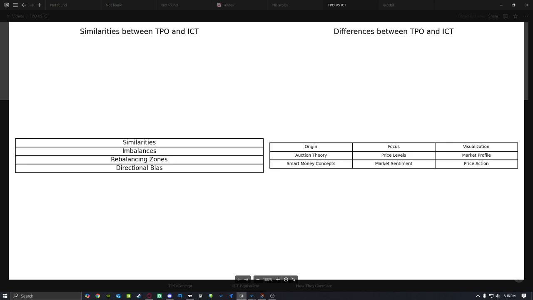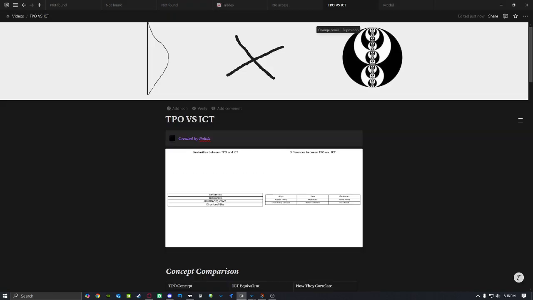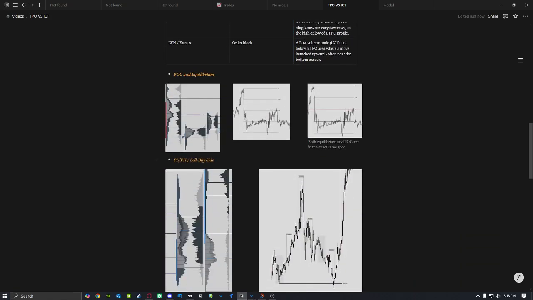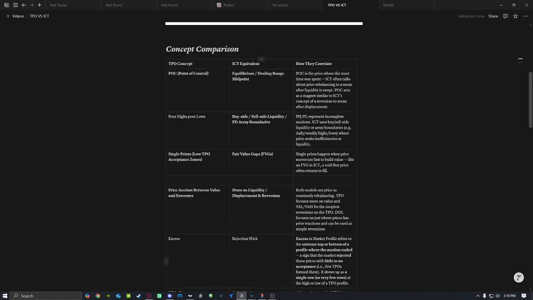Then the differences: focus, price levels, market sentiment, and visualization, market profile, and price action. So I'm going to go over the concept comparison, and later in this video I'll be showing examples of these simple ICT and TPO concepts.